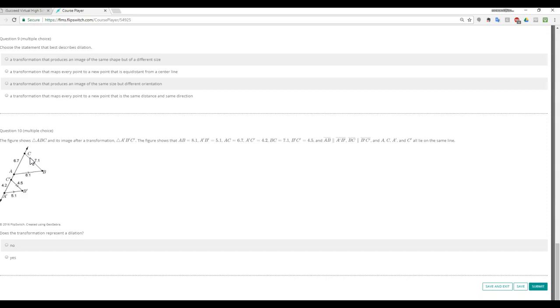And now they want to know if the transformation represents a dilation.